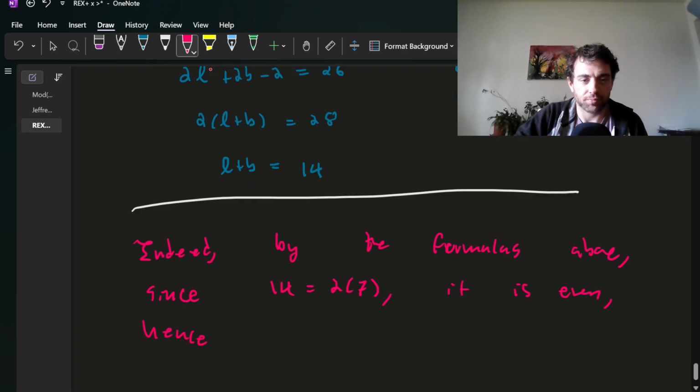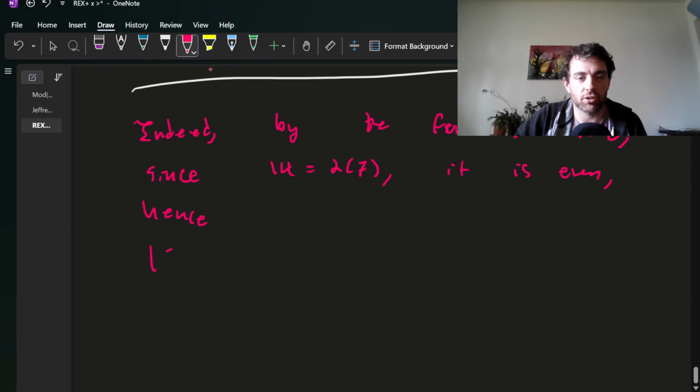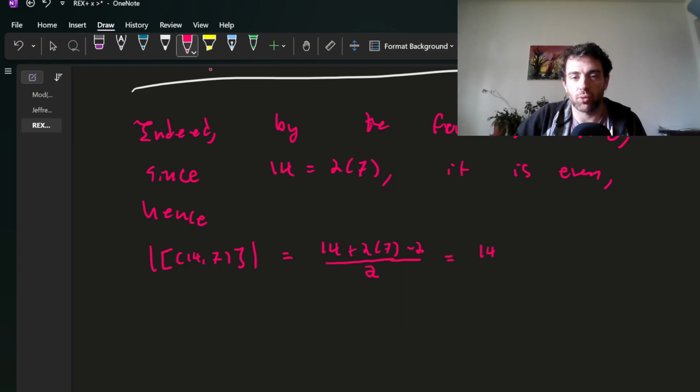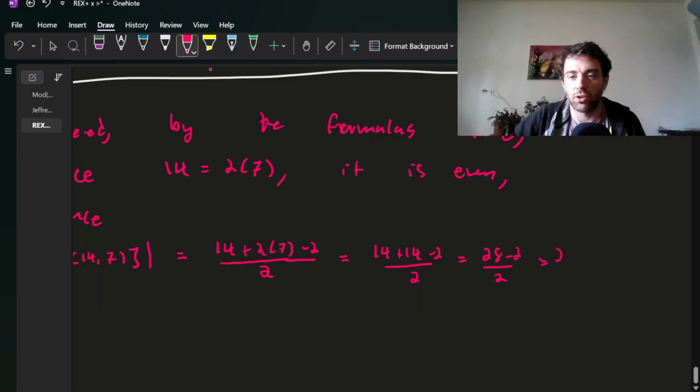Hence the cardinality of the equivalence class of 14 and 7 is, by our formula, (14 + 2 times 7 − 2)/2. So that is (14 + 14 − 2)/2, which is 26 over 2, which is equal to 13. I'm just working backwards through everything.